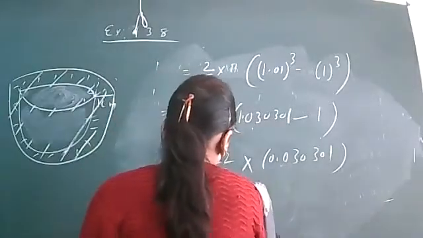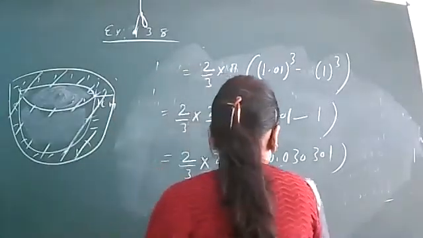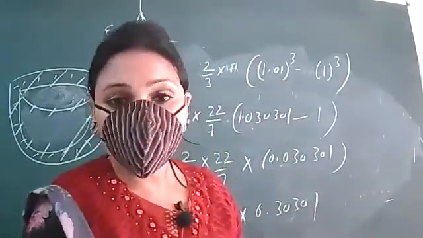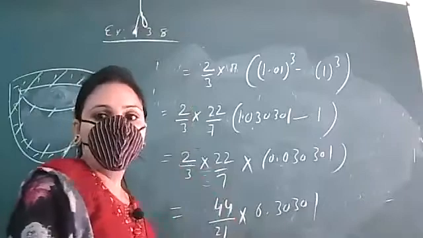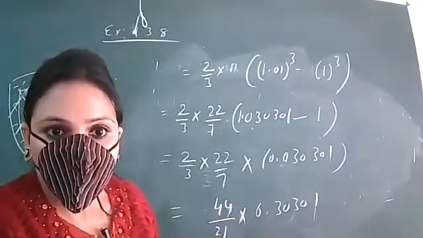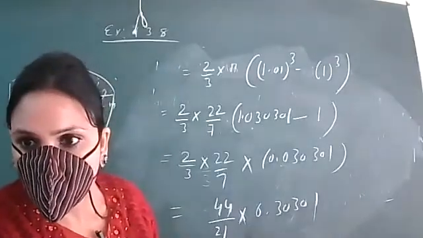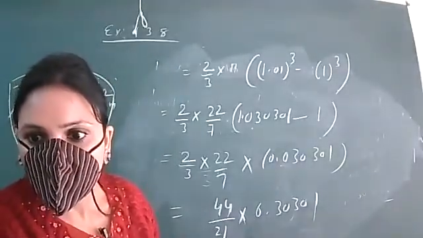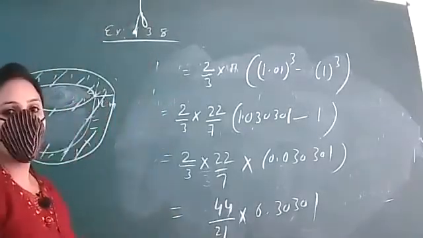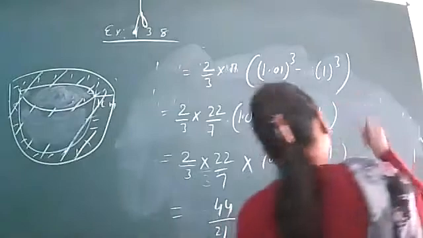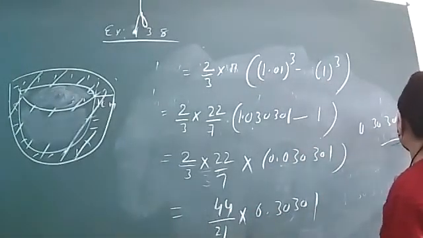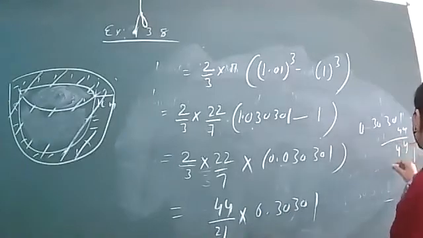This is 44 over 21 into 0.30301. Do the calculation side by side and let me know if any kind of mistake. Just wait. Okay, chaliye, so multiply 0.30301 by 44.